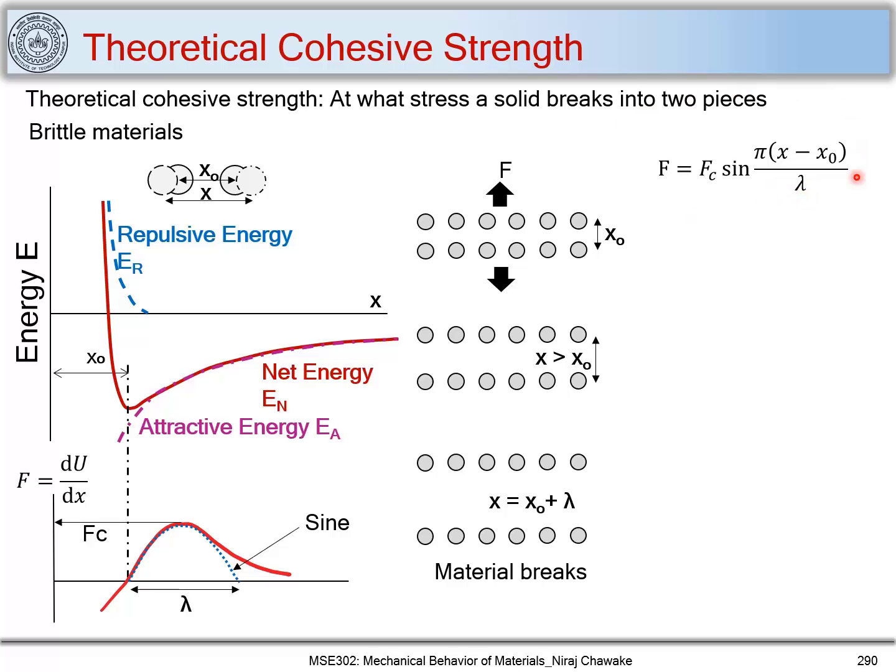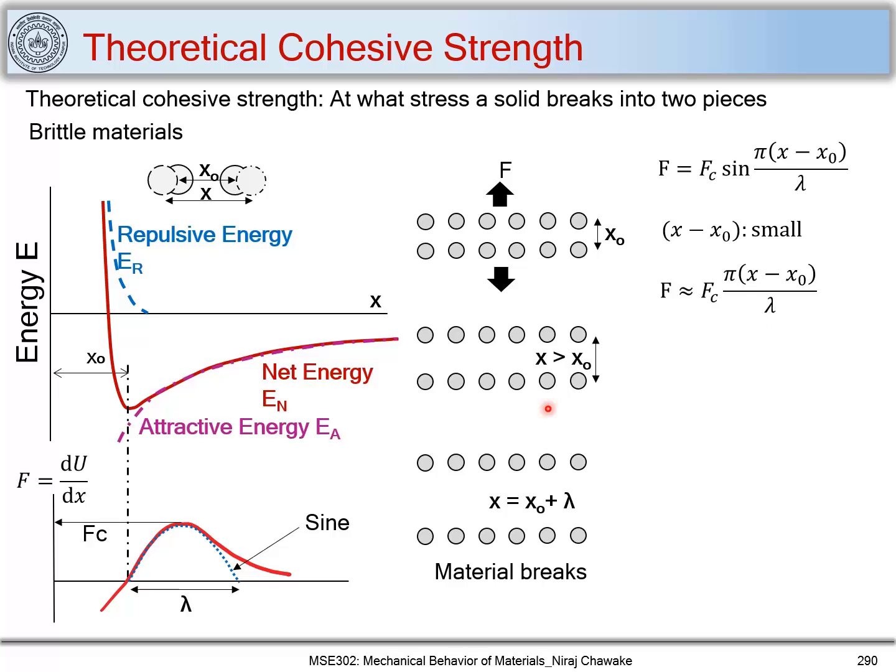This is how you find the force variation, by considering the force variation with respect to x as a sine function. Let's consider x minus x naught to be much smaller, so you can approximate this F as Fc times pi times x minus x naught upon lambda.